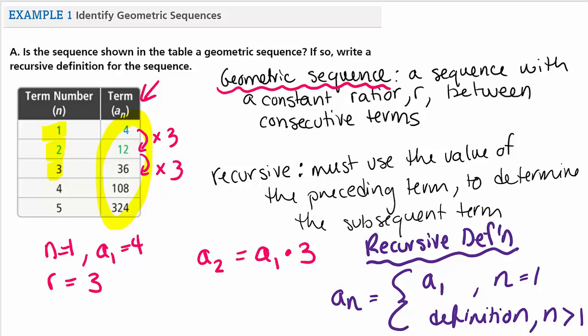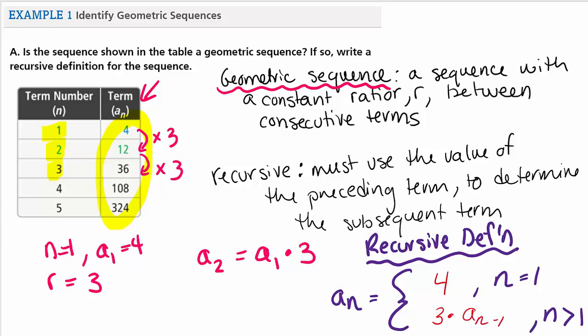Now, to finish this off, we just need to input our values for a sub 1 and our definition. So the value for a sub 1 is the value of the first term, which is 4, and our definition is 3 times the value of the preceding term.